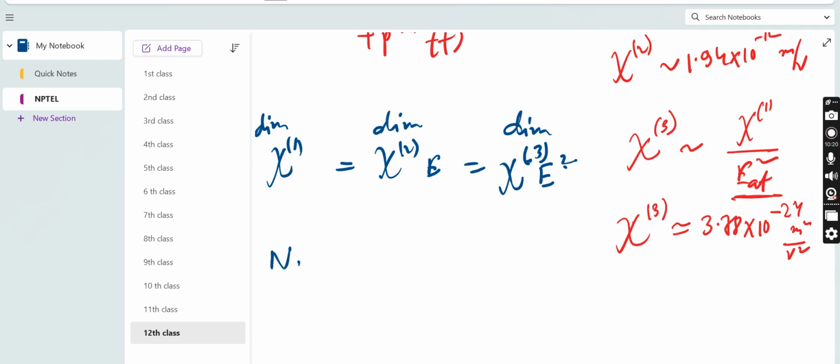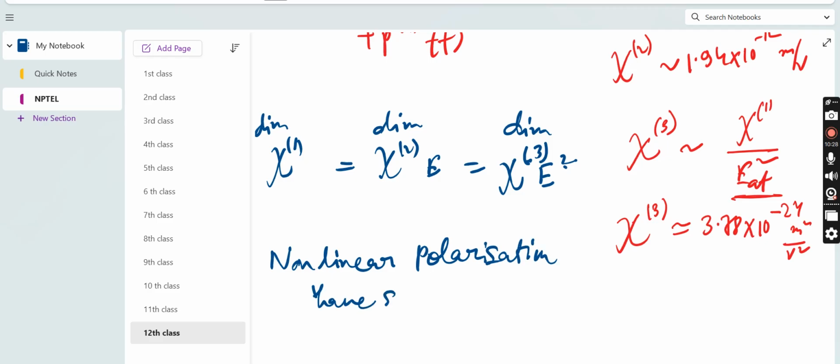Then only will the nonlinear polarization have a significant contribution.